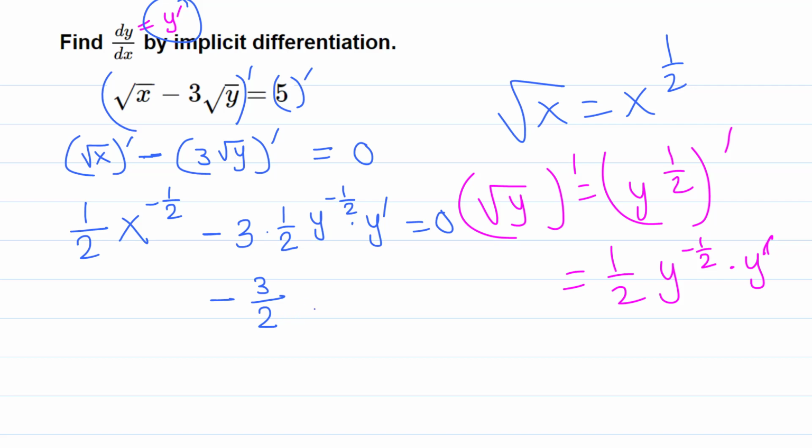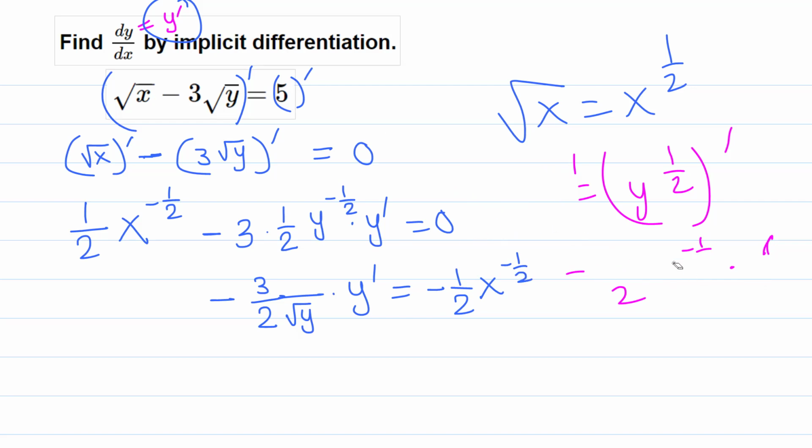That is y raised to 1/2 on the bottom, which is the same as root y, times y prime is equal to, now subtracting this from both sides, negative 1/2 x raised to negative 1/2. Next, we need to isolate y prime. As you can see, negative, negative, we can multiply both sides by negative 1, or these negatives cancel.